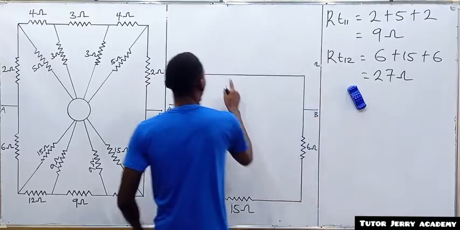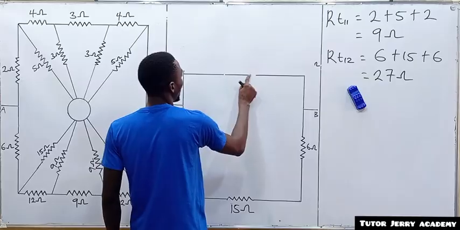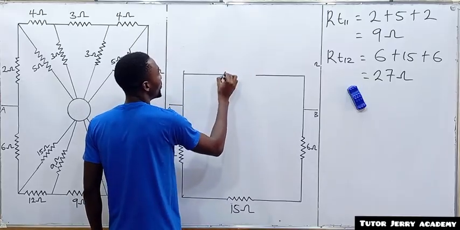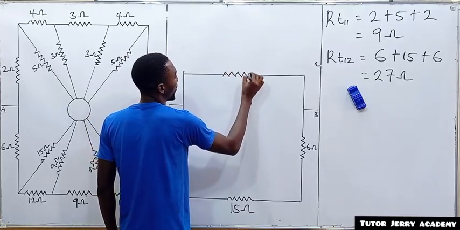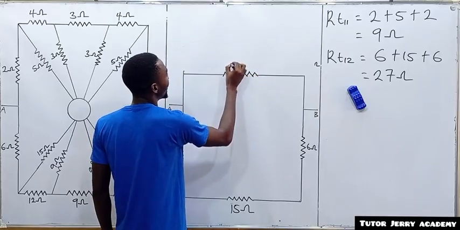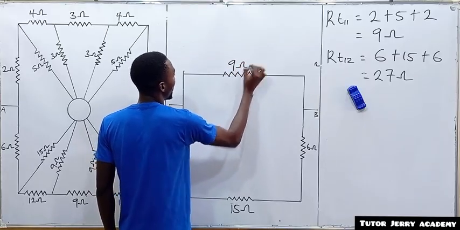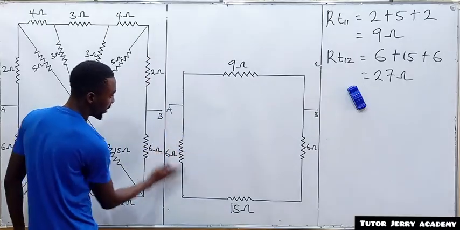All right, so here is going to be our RT11, which is 9 ohms. All right, so again we are going to clean this part.